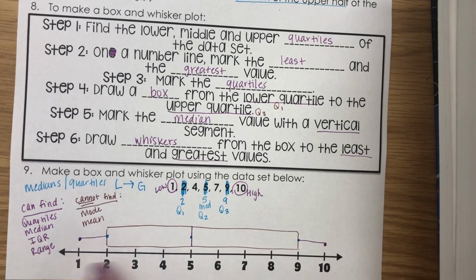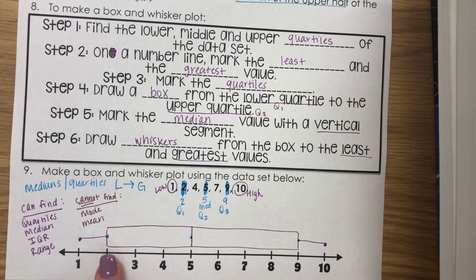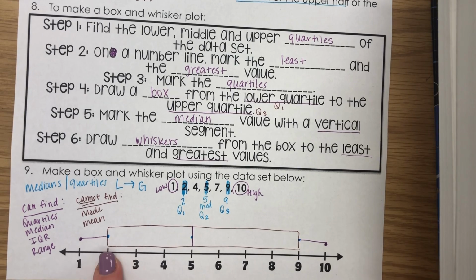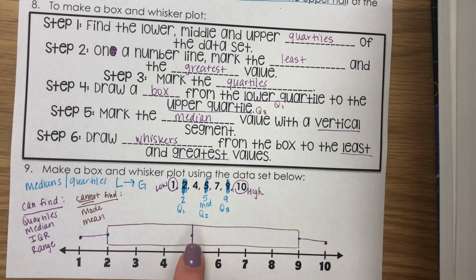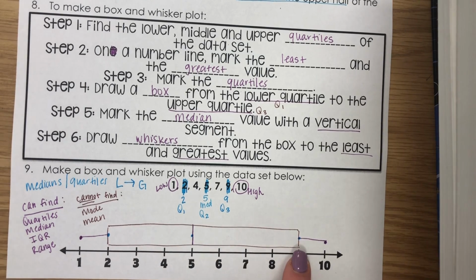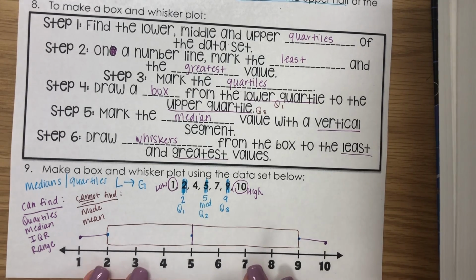We just know the lowest number, the highest number, the middle of our lower end of the data, the exact middle of all the data, and the middle of the highest end of the data, the upper part.